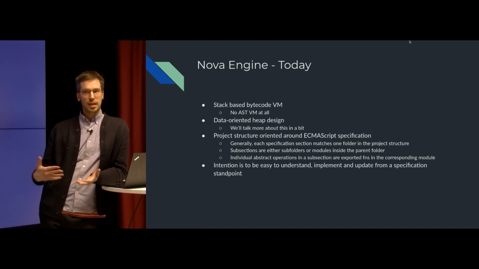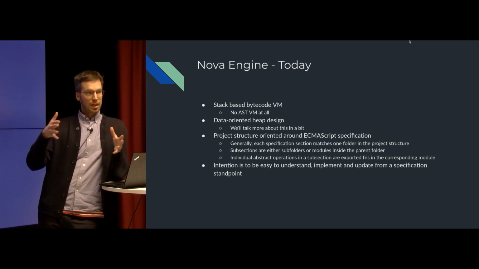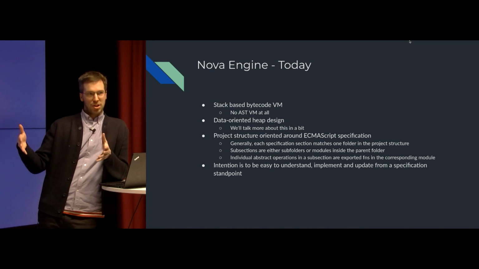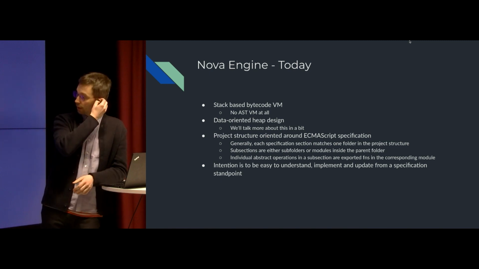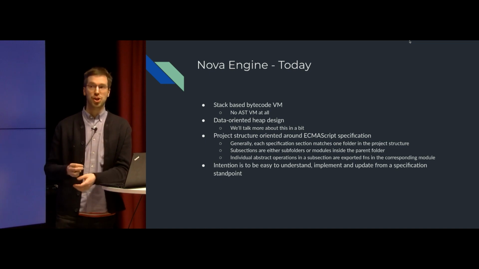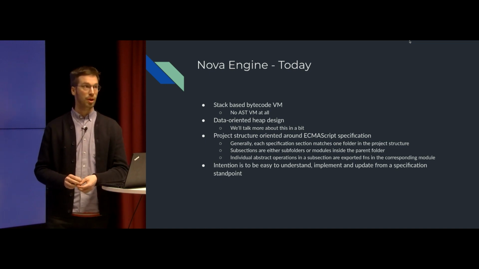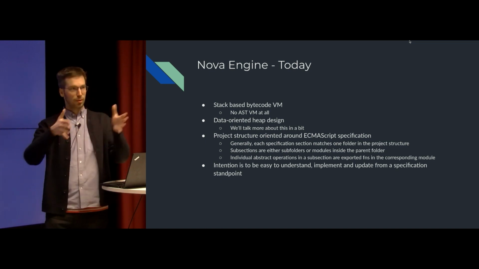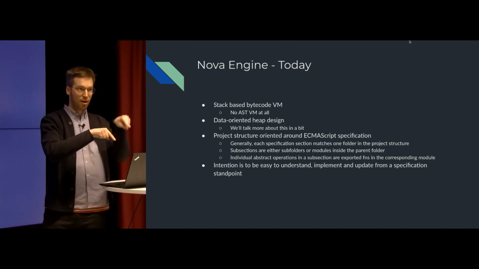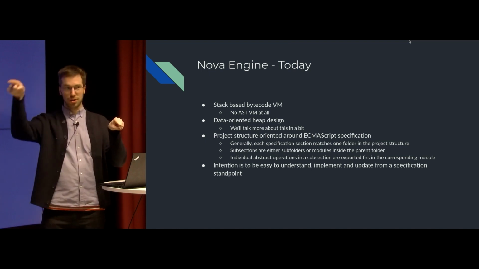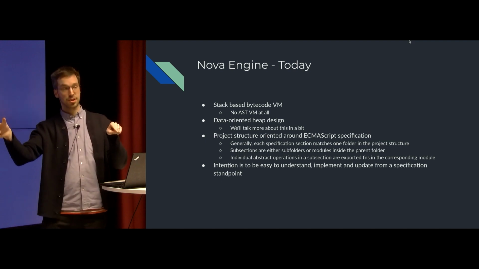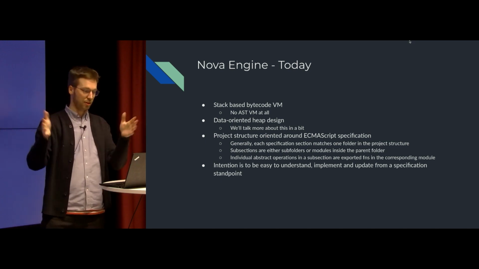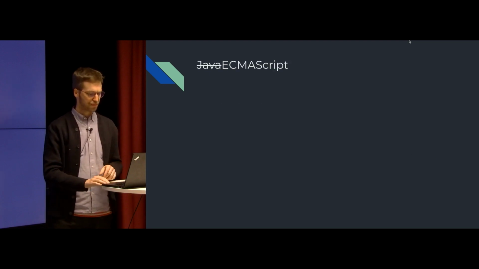It should be really easy to read one part of the specification and just start bashing out the abstract operation into Rust. And if the spec changes, we can just take a jump from our implementation. There's already a direct link to the specification. We can open that, see how it has changed, start fixing the issues.